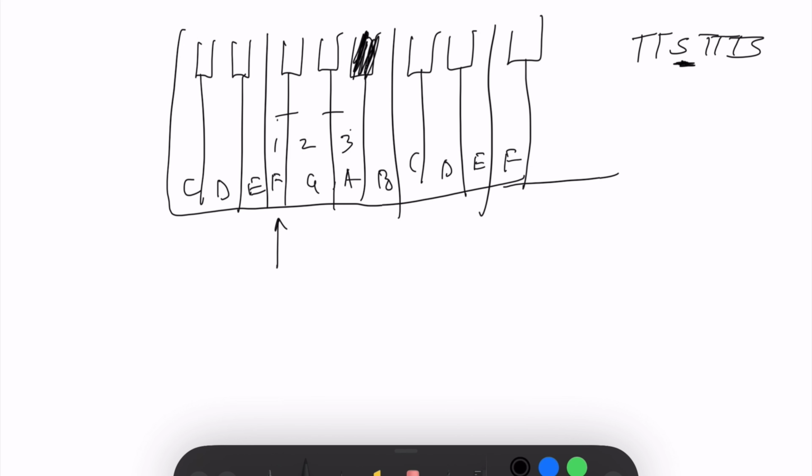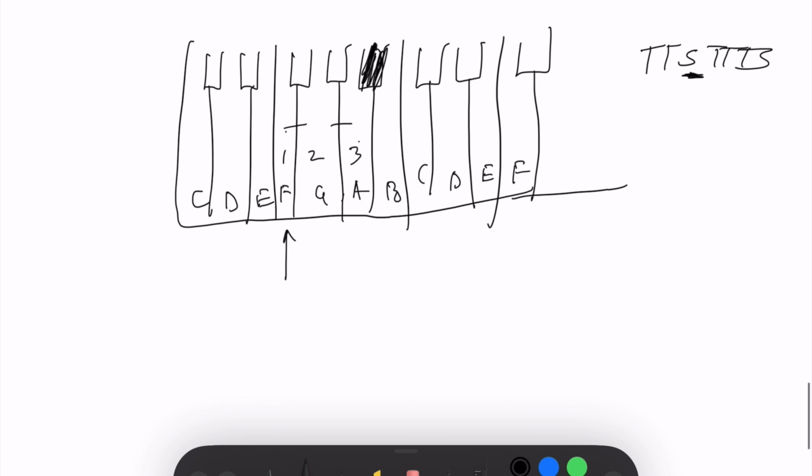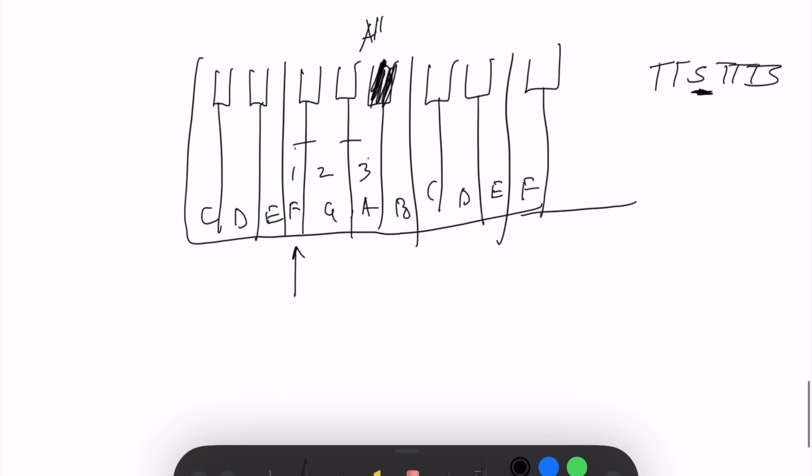But remember that this note has two names. This note is called A sharp or B flat. But now we are talking about the flats family, so we can't be mentioning sharps. So we'll have B flat instead of A sharp there. They both mean the same.